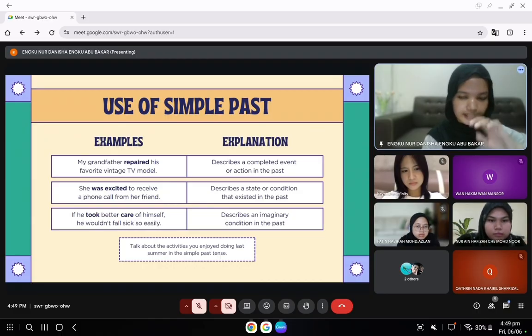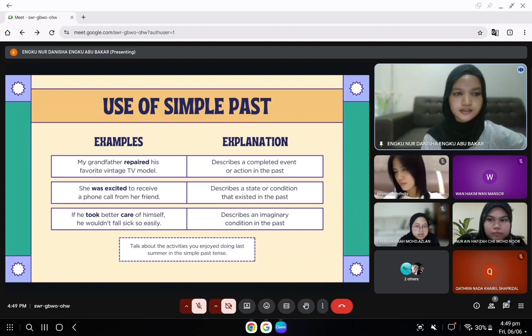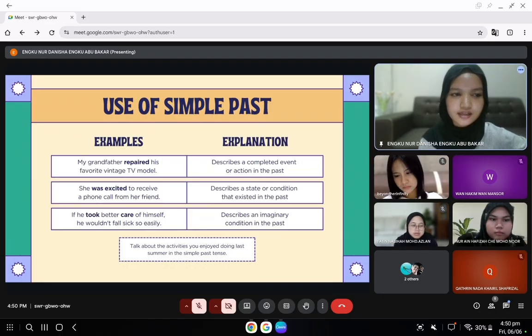So in this sentence, the verb is changed to was because it already happened, so it is a past tense.